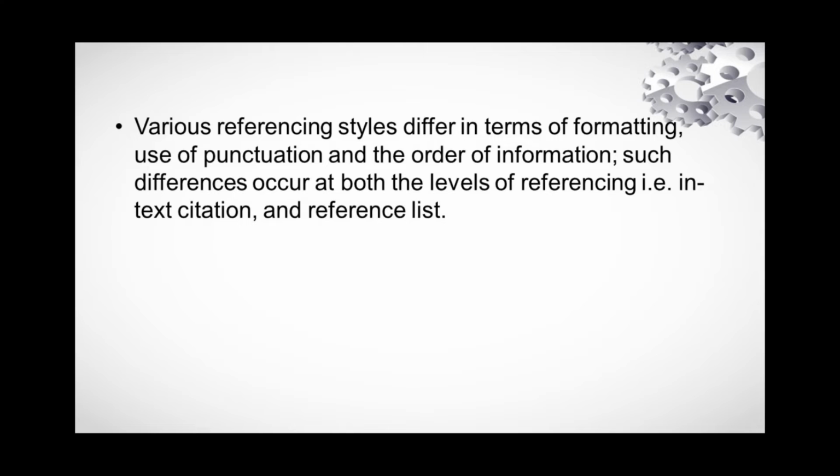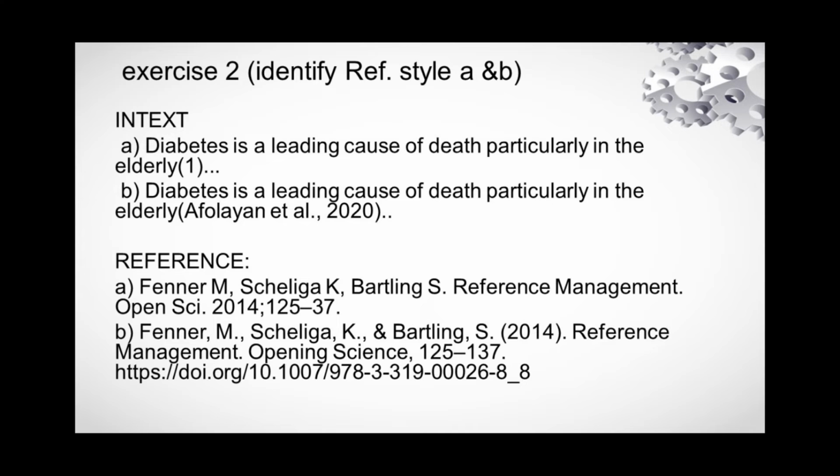Such differences occur at both levels of referencing, that is, the in-text citation and the reference list. Remember, I told you that there are usually two parts to a referencing style, the in-text citation and the reference list.